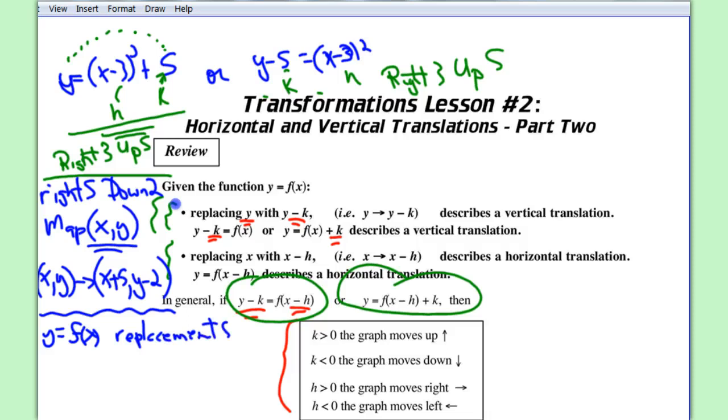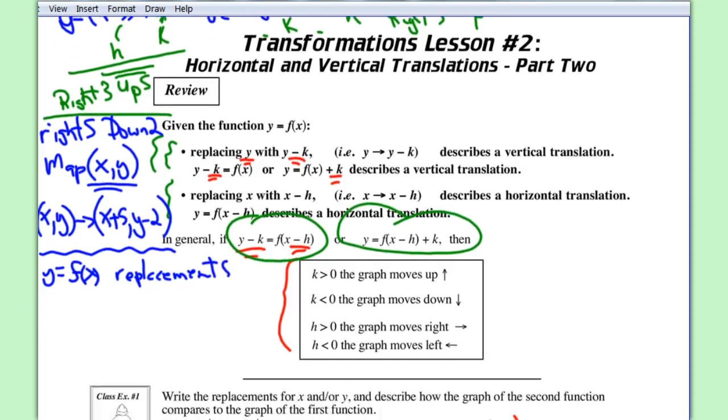In terms of replacements, the replacements for x and y in this notation would be: if I want to go to the right 5, x would have to get replaced with x minus 5. And if I want to go down 2, I would replace y with y minus 2.